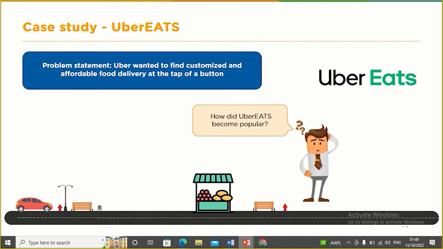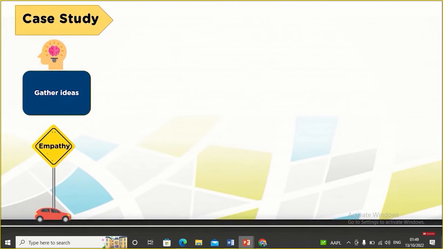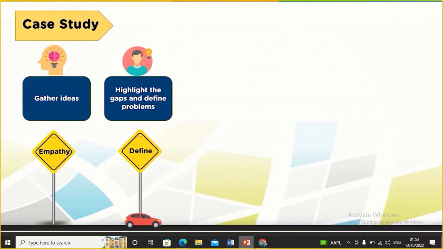Let us discuss. It has become very popular because they have adopted the design thinking process. Initially, they gathered the requirements, interests, and problems faced by the consumers and customers, through which they defined the problems clearly.